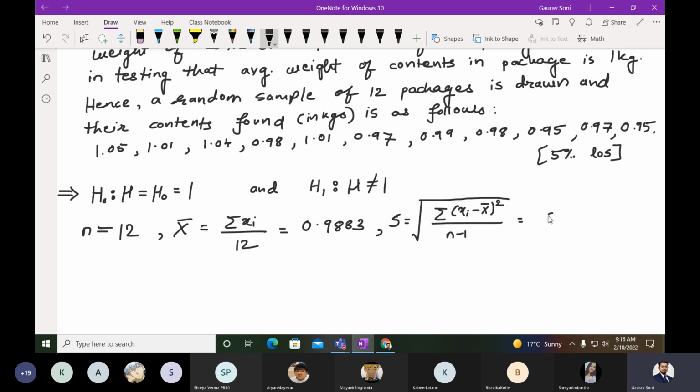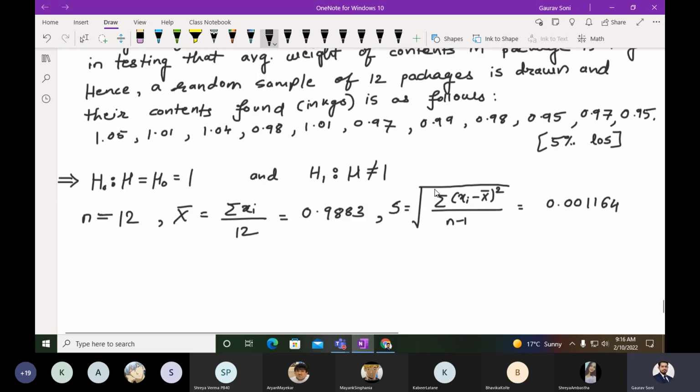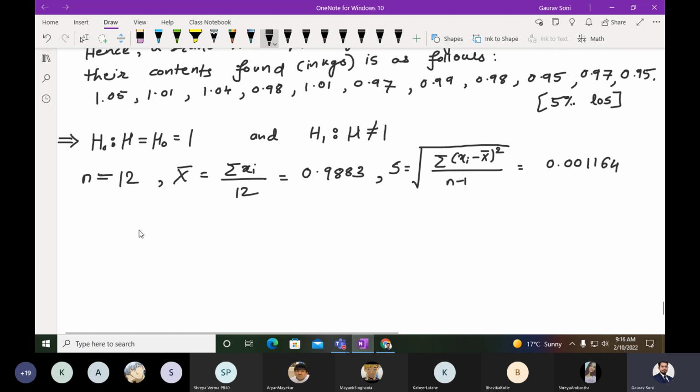So the answer is 0.001164. Now we have all the values. Now t distribution, what is the degree of freedom? N minus 1. N is 12, so 12 minus 1, 11.